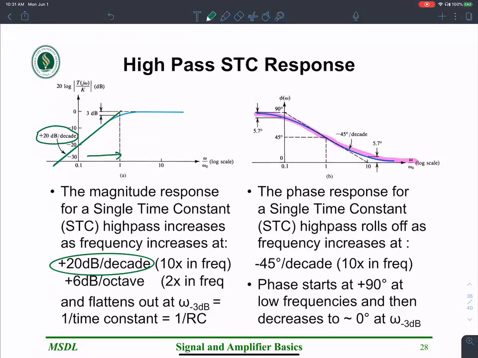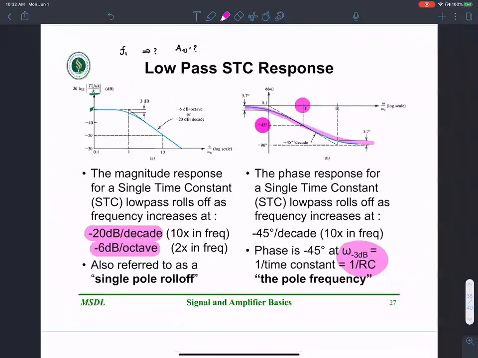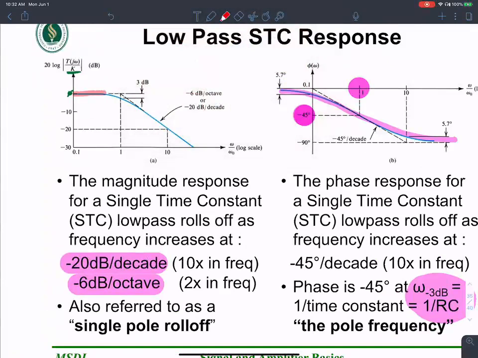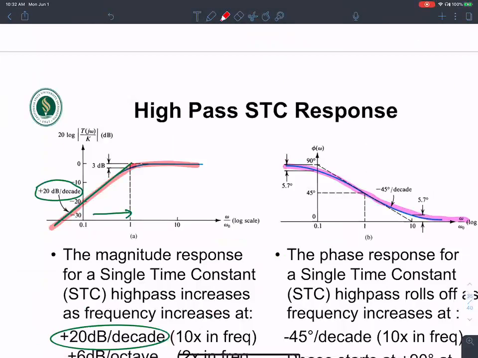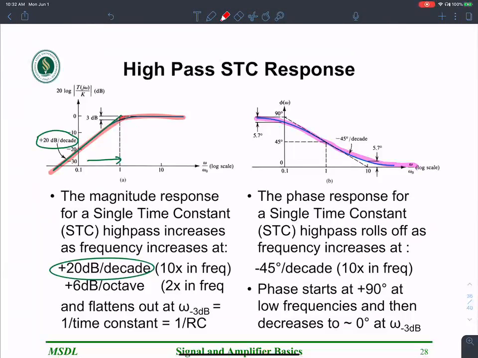What is different is how the magnitude changes. For a low pass circuit, the magnitude of gain rolls off, as opposed to a high pass circuit where the magnitude of gain increases, and it flattens at the 3 dB frequency.